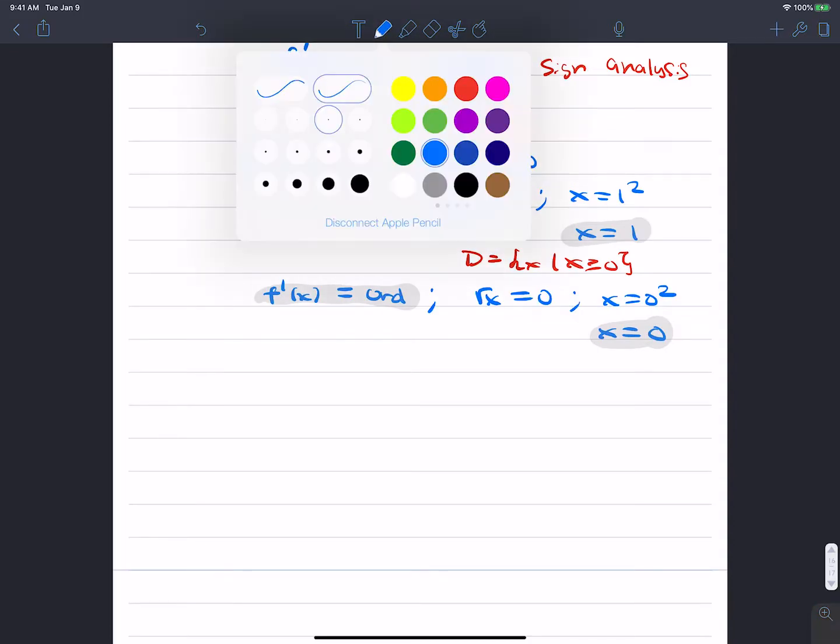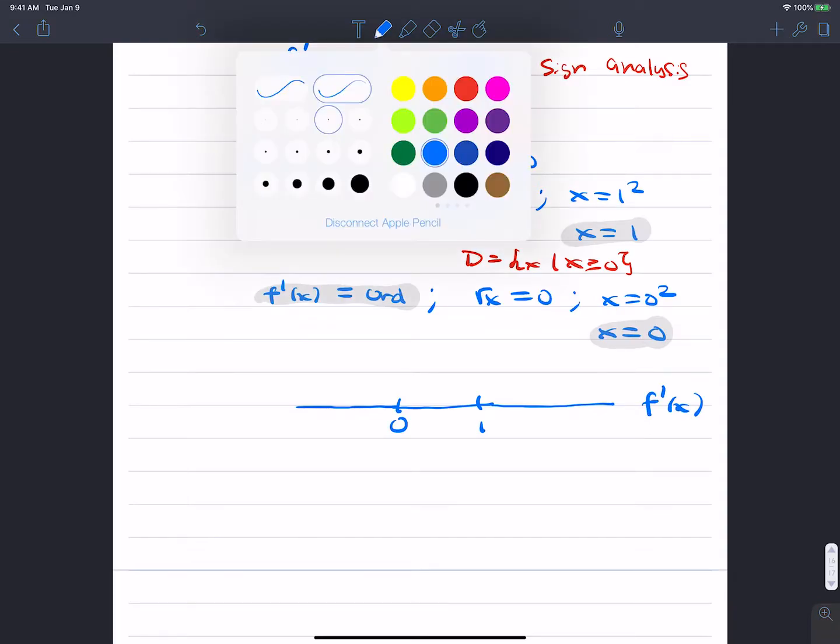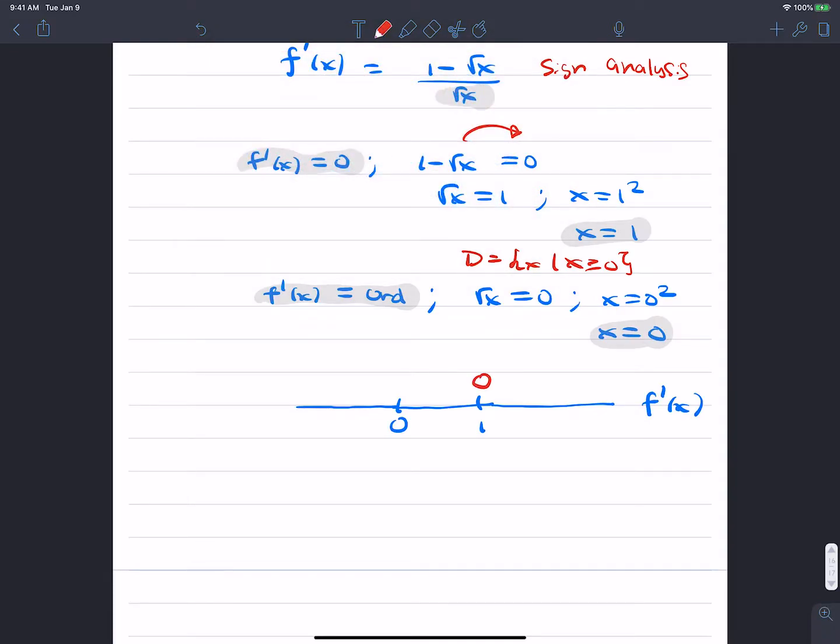So in terms of sign analysis, that procedure, we're going to use this information at 0 and at 1 for that first derivative function. When x is 1, we have the derivative 0.